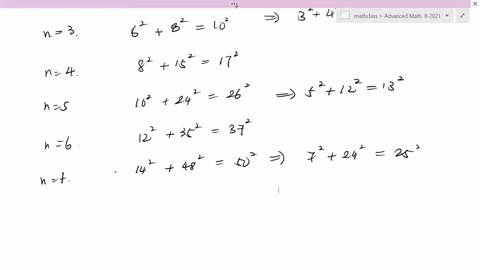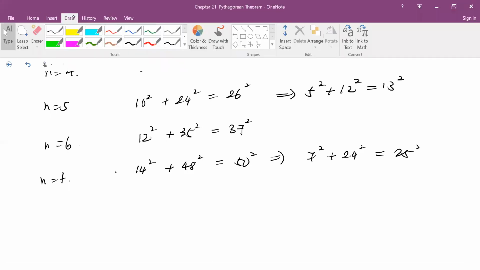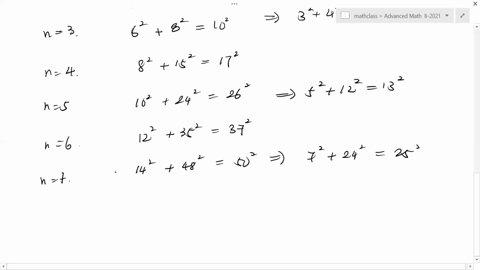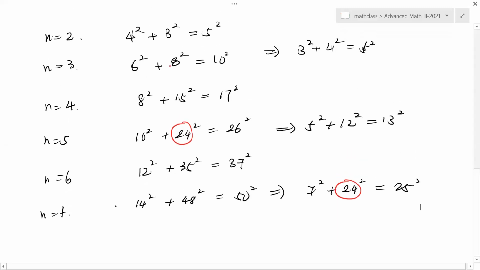Now we can use these triangles to make another type of triangle, right? So here I have a 24. I also have an 8.